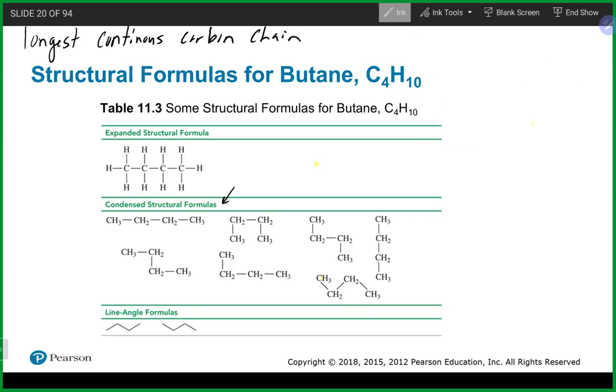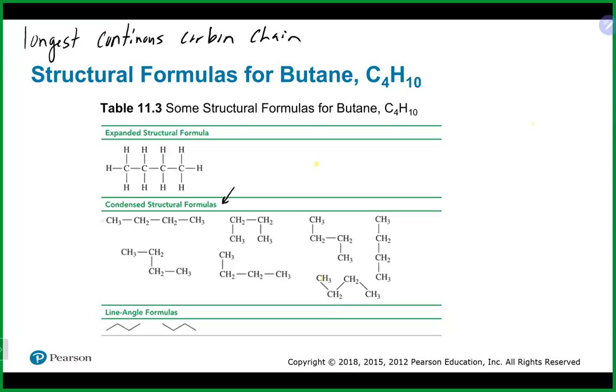If we look at the first one, it's pretty easy to see 1 carbon, 2 carbons, 3 carbons, 4 carbons. That is 4 carbons in a row. There's nothing else there but hydrogens. That's butane. Now, if you go below it, you may think maybe that's something different because it goes down and over to the right. But if we follow the carbons, 1, 2, 3, 4, that is still 4 carbons in a row. I didn't back up. I didn't hit a wall till the end there. That is still butane, even though it may look different.